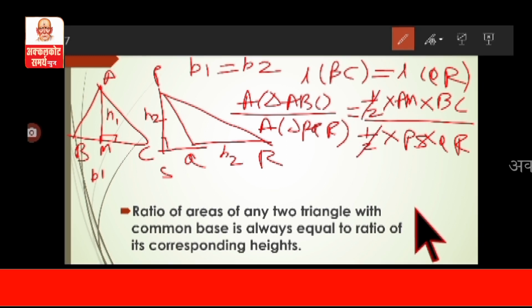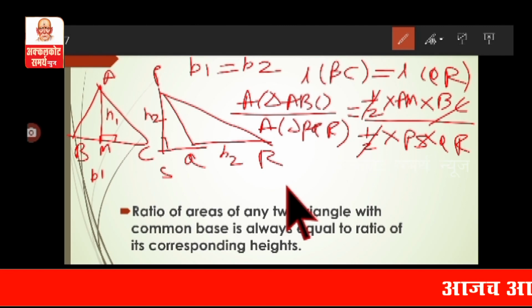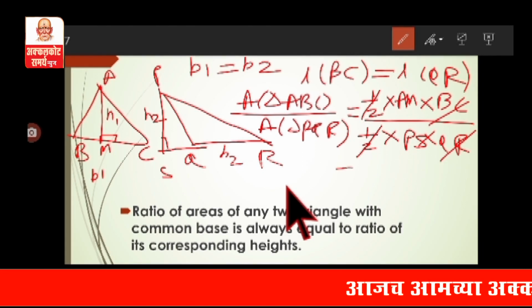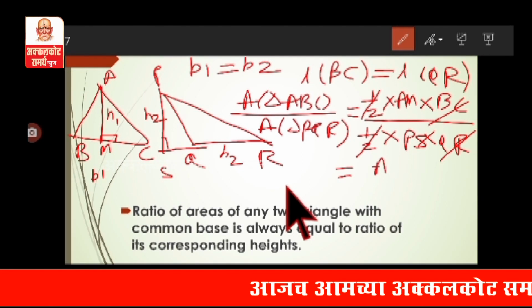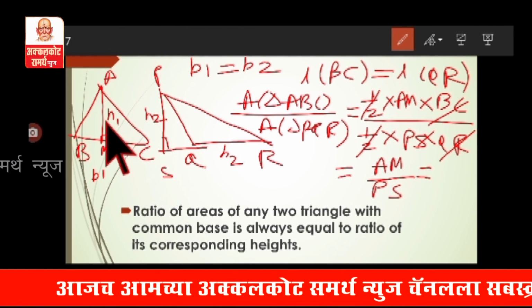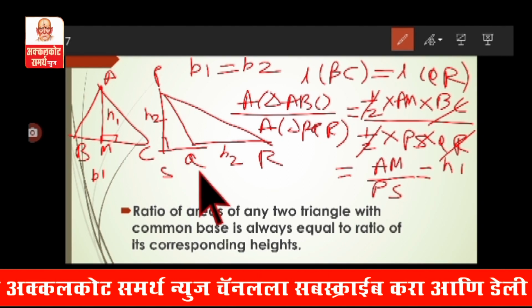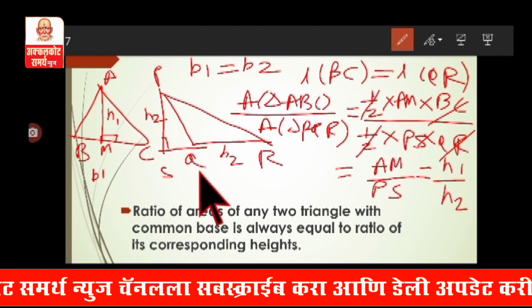So half and half cancel. But now see, children, BC and QR are the same, so they will also get cancelled. So what will you get? AM over PS. AM is the height of the first triangle, PS is the height of the second triangle, meaning you got H1 over H2.